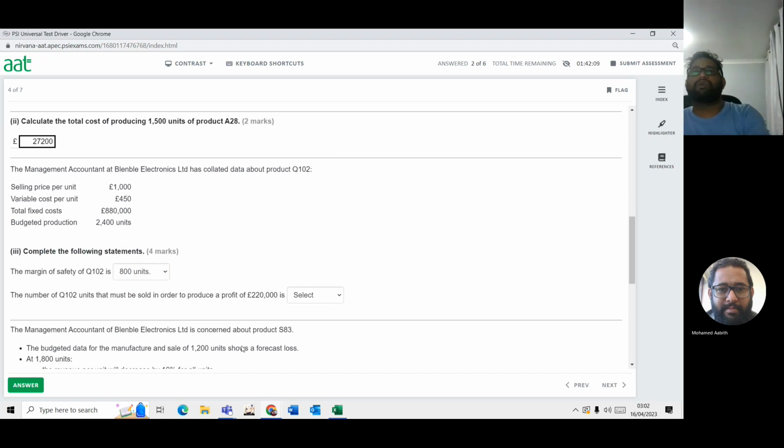But now they also ask you the number of Q102 units that must be sold in order to produce a profit of 220,000. It's a bit of a push there, to be honest. But here, they need to know how many items you need to sell to achieve a profit of that amount. So what is the formula for that?